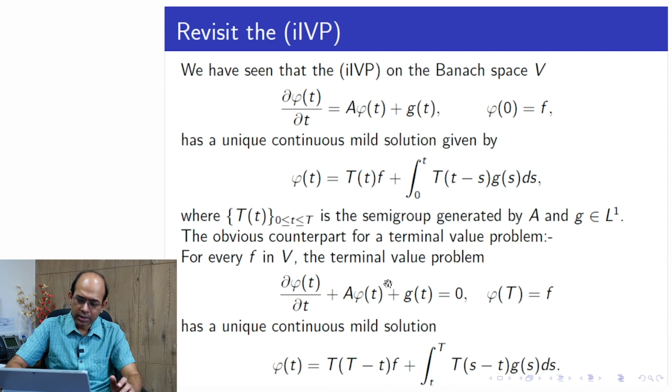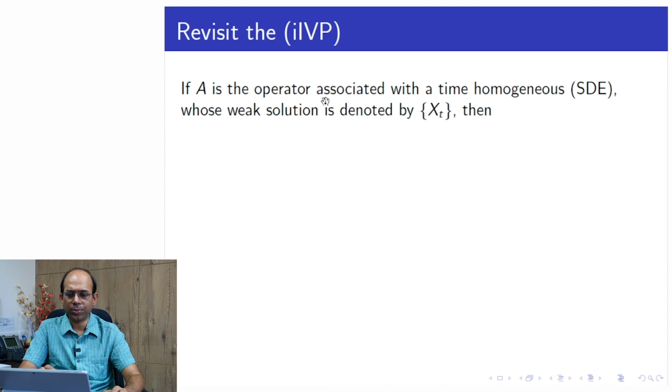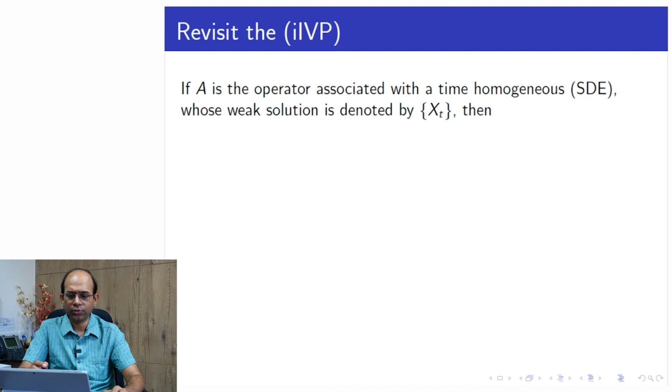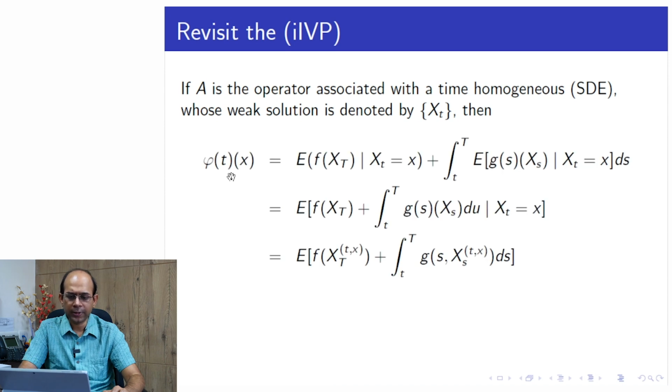Now this equation can be compared with the equation we have seen for the Feynman-Kac formula. So we do that. If A is the operator associated with a time-homogeneous SDE whose weak solution is denoted by X_t, then φ(t), where I am writing small x, is just a point, a point in the state space of the process X_t.